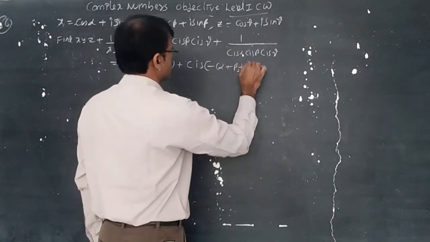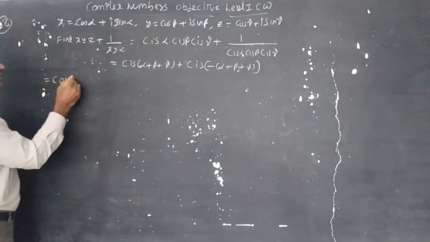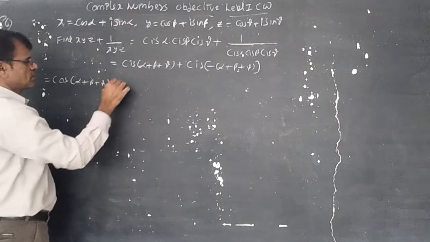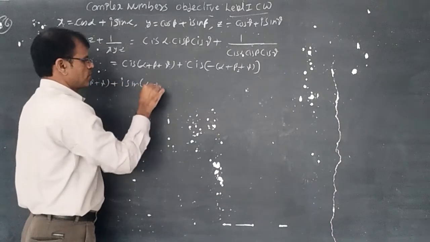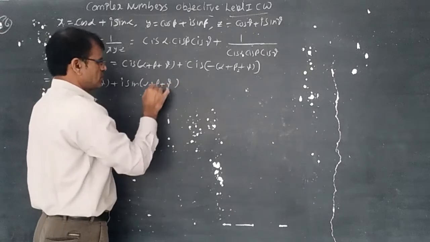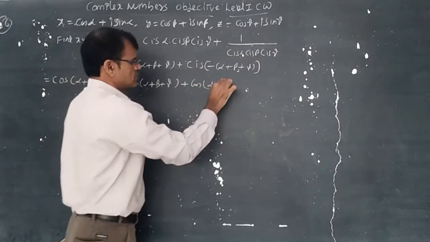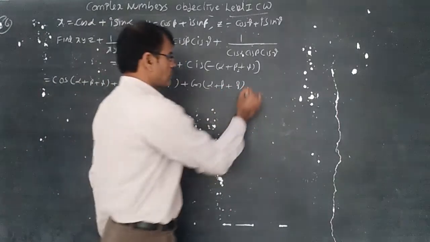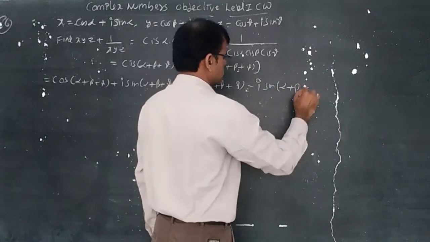Cis of minus of alpha plus beta plus gamma gives cos of alpha plus beta plus gamma plus i sin of alpha plus beta plus gamma, plus cos of alpha plus beta plus gamma, there is no minus for cos, so you can write it directly, minus i sin of alpha plus beta plus gamma.